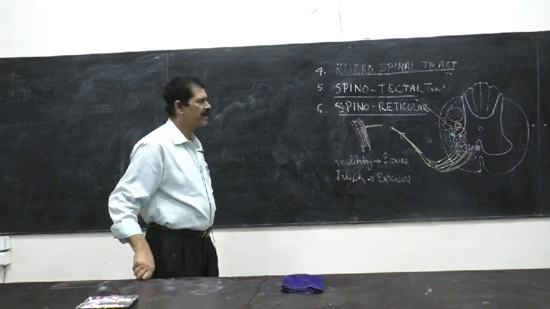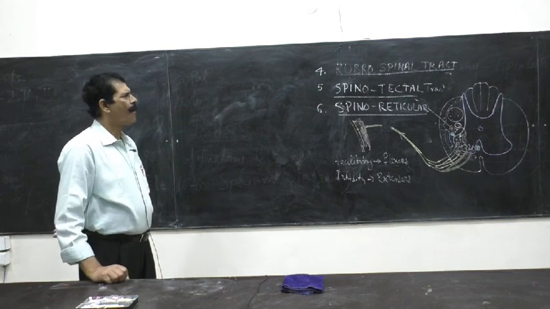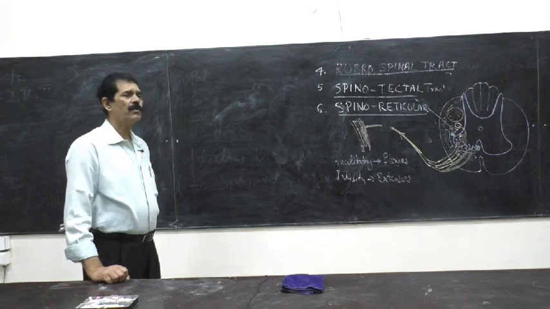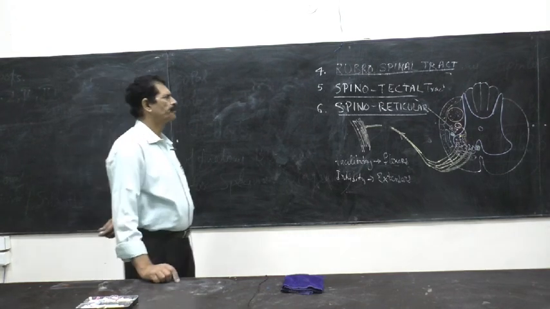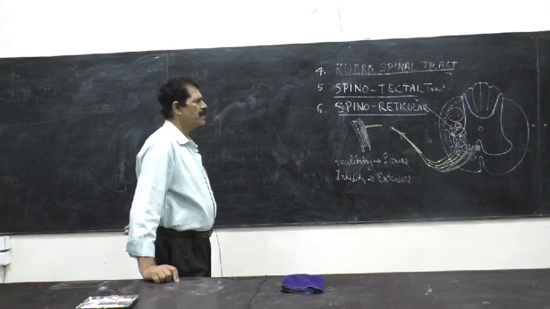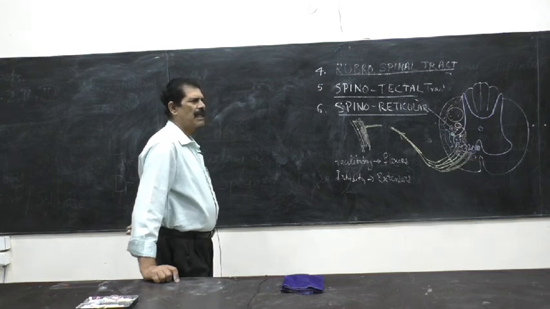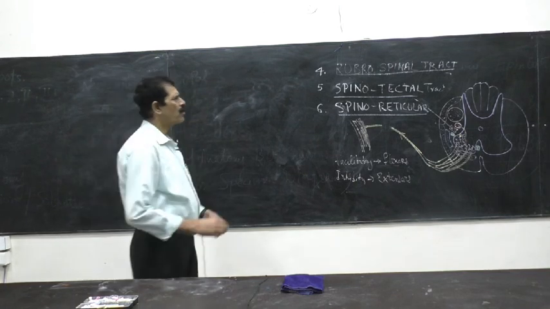The name is suggestive: it starts from the spinal cord and goes to the reticular formation of the brain stem. As we know, the reticular formation of the brain stem is concerned with the autonomic nervous system.